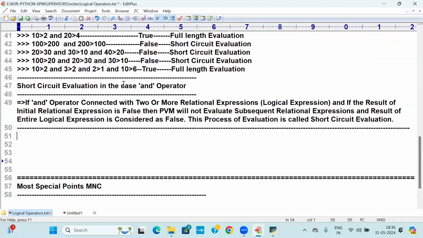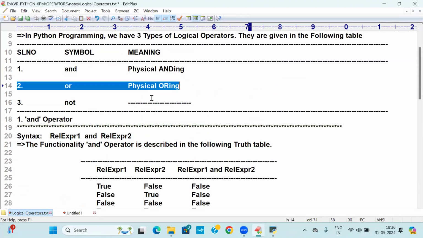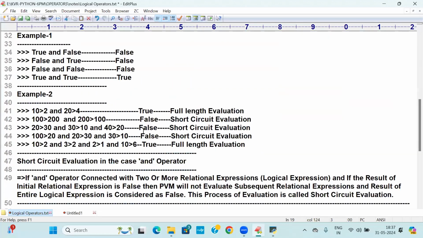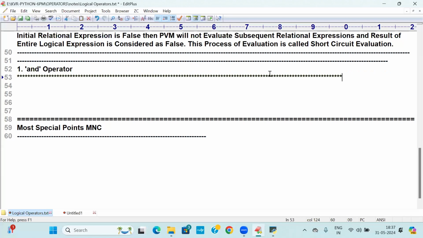Anyhow, students, come to the point. Whatever happened, happened. In my class, learn Python very well. Go to what next? Which operator? OR operator. Now I'm going to introduce special points, waiting for it. Some suspense is carried.